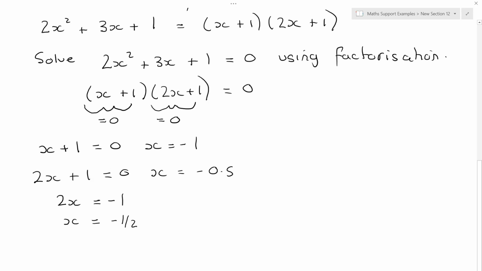Therefore we can say the solution to 2x squared plus 3x plus 1 equal to 0 is x is minus 1, or x is minus 0.5.